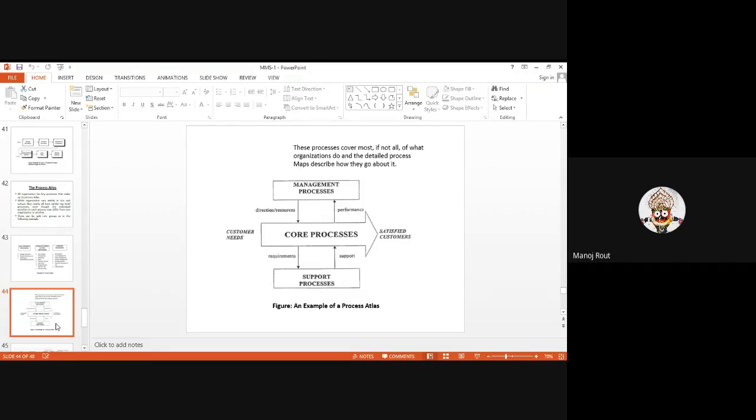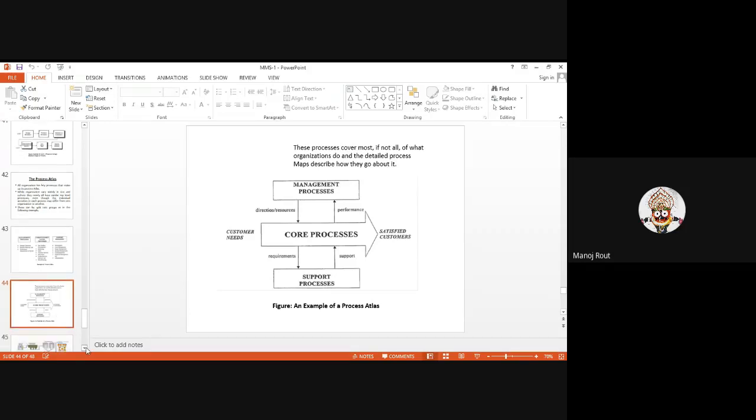But the core process needs support processes in different forms, that is financial support, asset support, manpower support, technical support, communication support. And by providing support to the core process, it will provide better performance toward the management process.